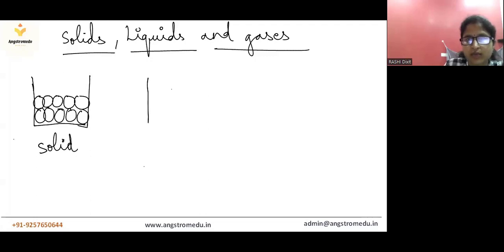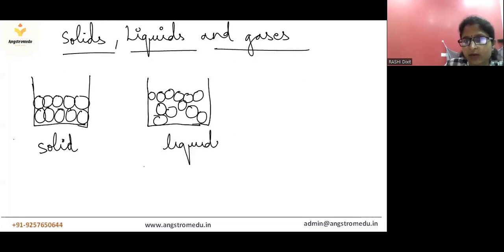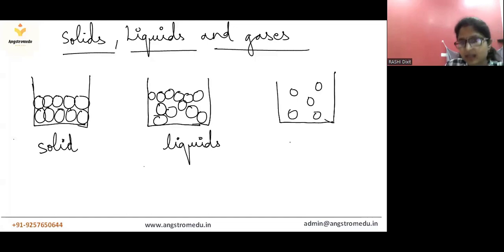Similarly, liquids also have particles touching each other closely, as you can see in the diagram, but there are some spaces and there is no regular arrangement in the case of liquids. But when it comes to gases, the particles are far away from each other without any regular arrangement, and these particles are well separated with a lot of space in between them.